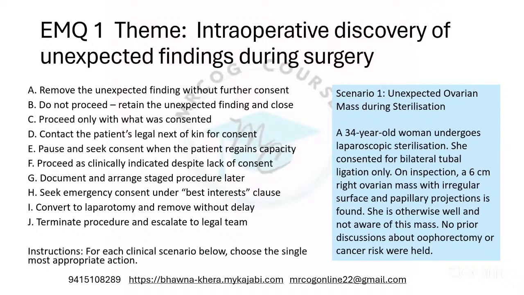Because if we choose B and G, then we are saying that we will not proceed with the laparoscopic sterilization, right? So we cannot proceed with the laparoscopic sterilization if we choose B and G. But here we say that we can proceed with the lap sterilization. So that way, C option becomes best among all of these, right?